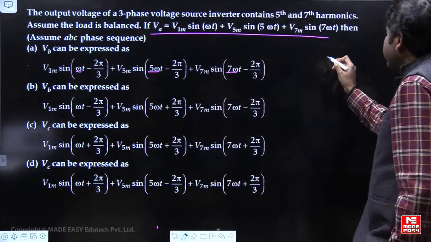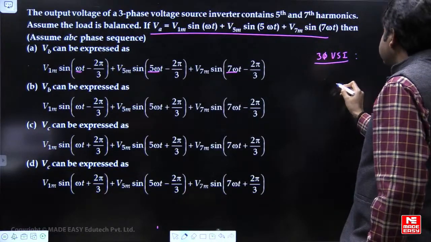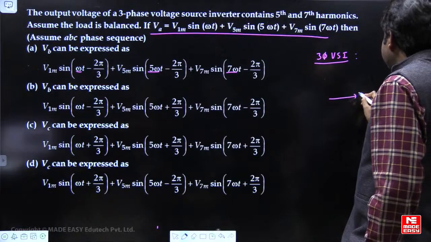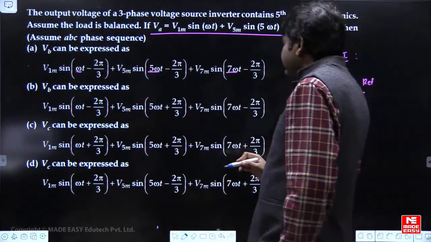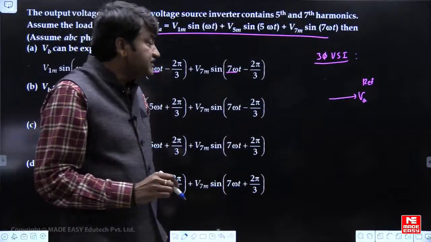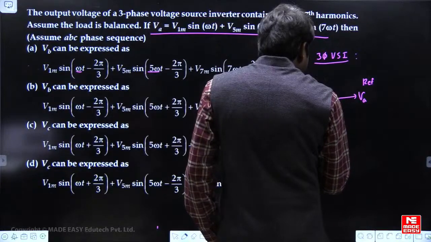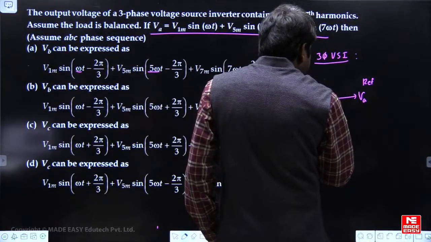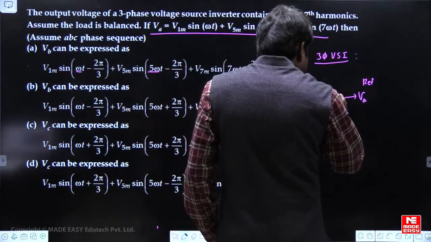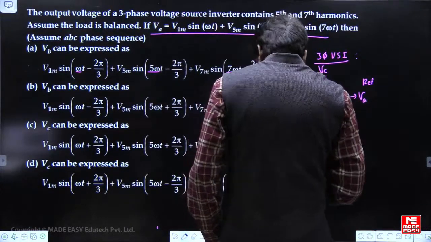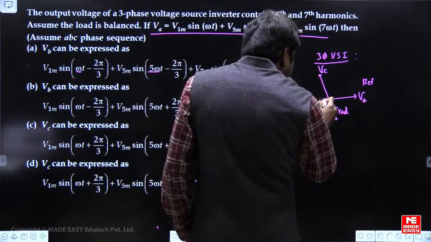So just look here. For a three-phase balanced system, suppose this is VA taken as reference vector. With reference to phase A, phase B is lagging by 2 pi by 3 radians, and phase C is lagging by an angle 4 pi by 3.